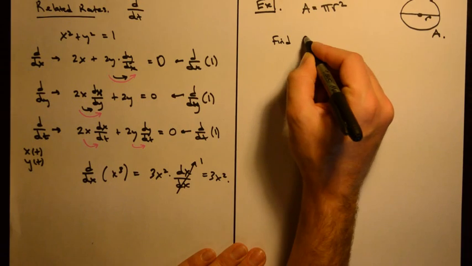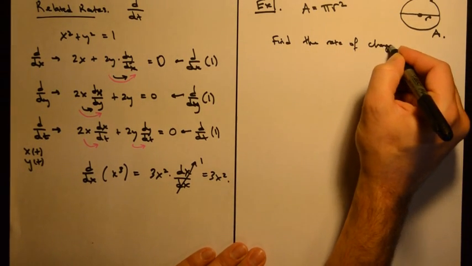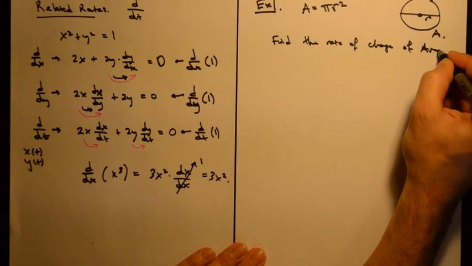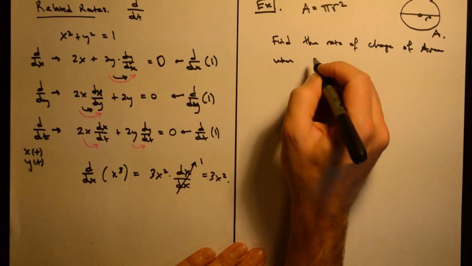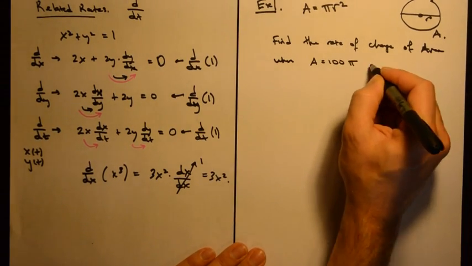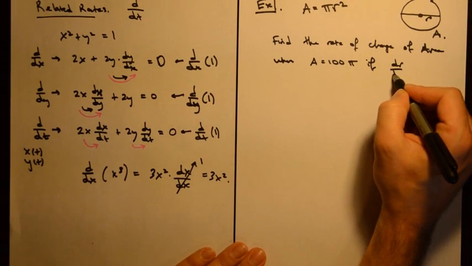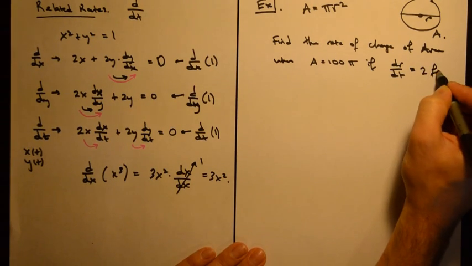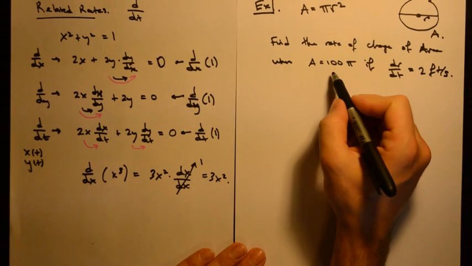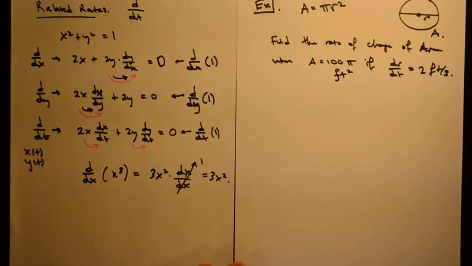Find the rate of change of area when the area is equal to 100 pi if dr/dt is equal to 2 feet per second. So I suppose the units would also be given to you here. The area is 100 pi feet squared.